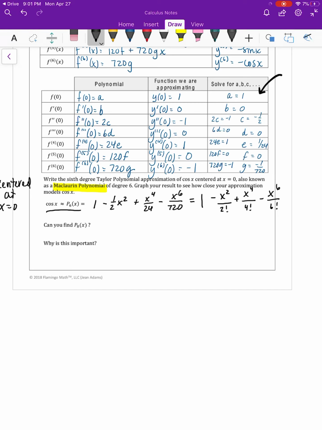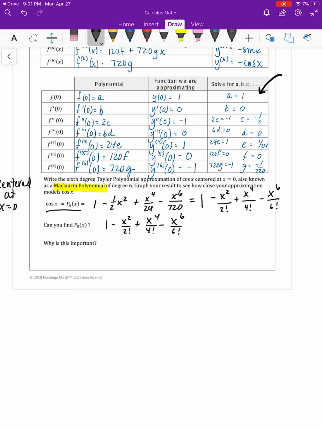That's why when they ask you, can you find p sub 8 of x, they don't want you to come up here and do another derivative or start all over. They want you to use this pattern to tell us what your next term would be.